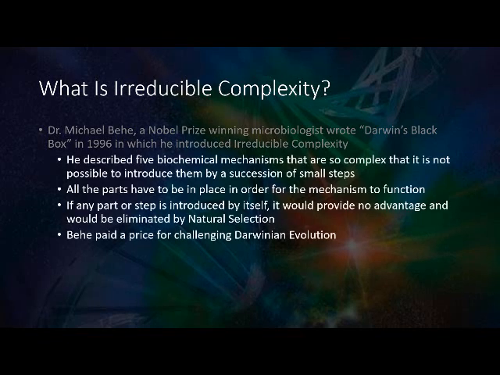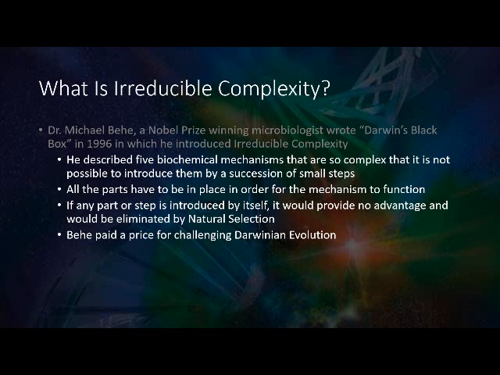In the book, he described 5 biochemical mechanisms that are so complex and that take so many parts it's not possible to introduce them by a succession of small incremental steps. One of those, by the way, we'll talk about in a minute, is the bacterial cellular flagellum, the little thing that propels the bacteria. There's the eye, there's blood clotting, and a couple of other things.